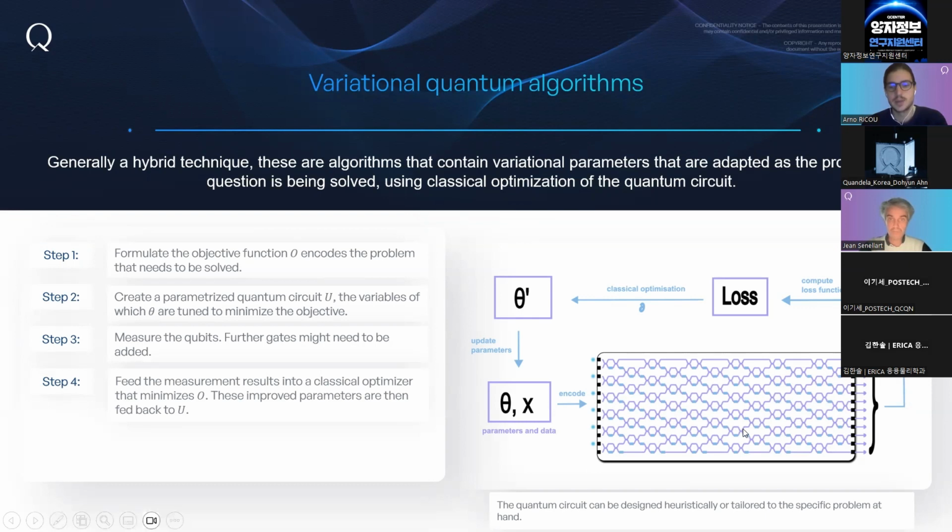Once we have updated the parameter theta prime, we repeat the sequence again, meaning that we get some measurements, compute the function f of theta and the loss, and then do this classical optimization step again to have new parameters to update in the circuit. And we do that over and over again until we reach a threshold, so a convergence of our algorithm.